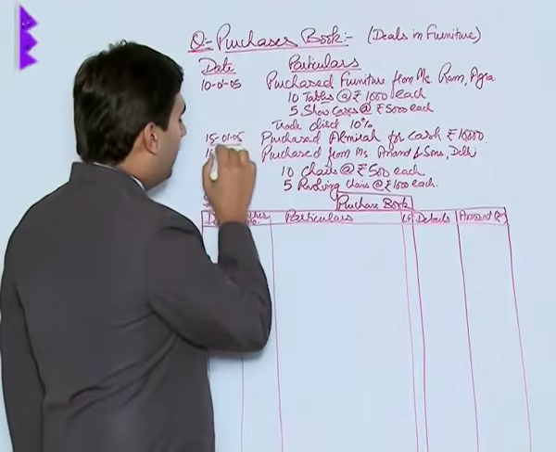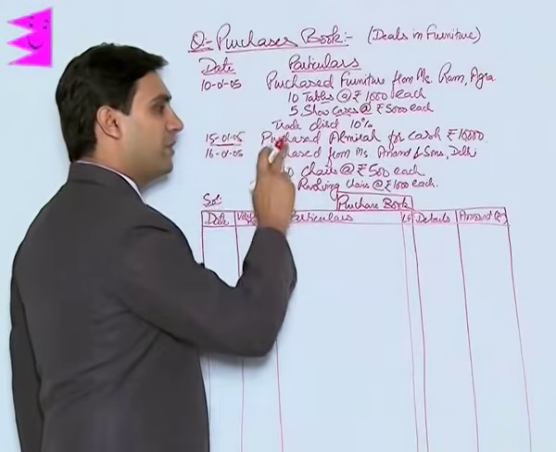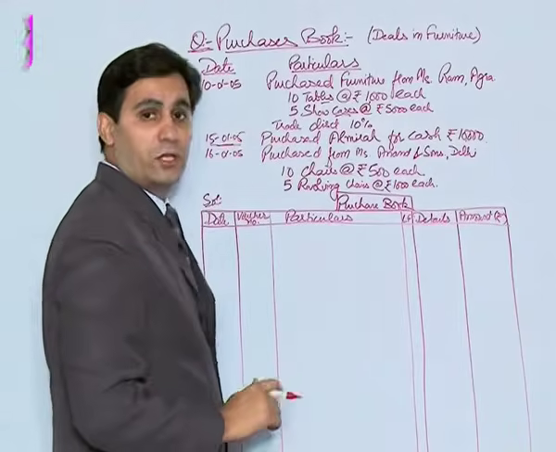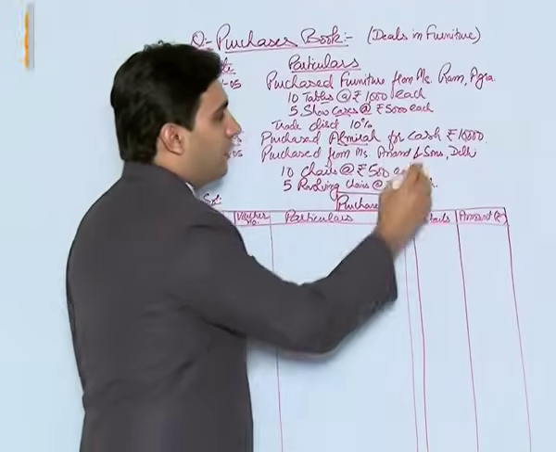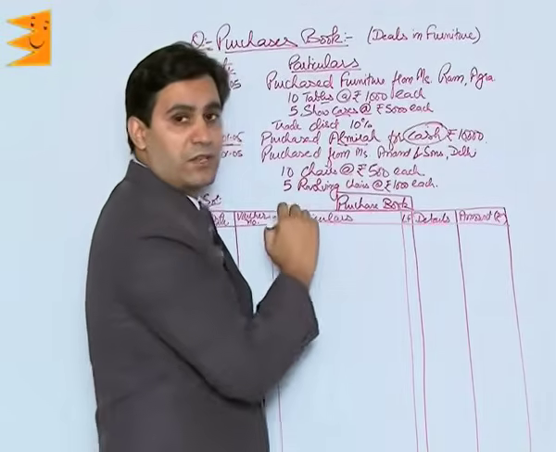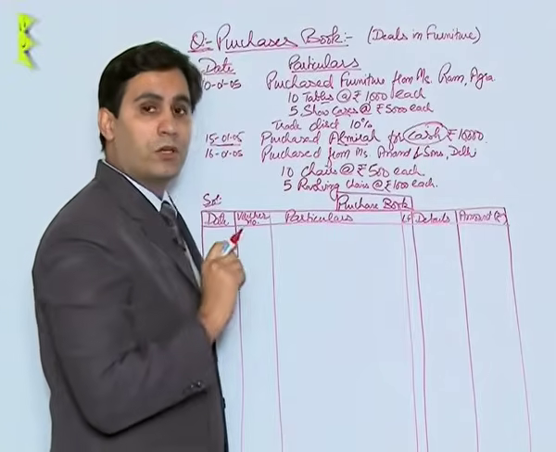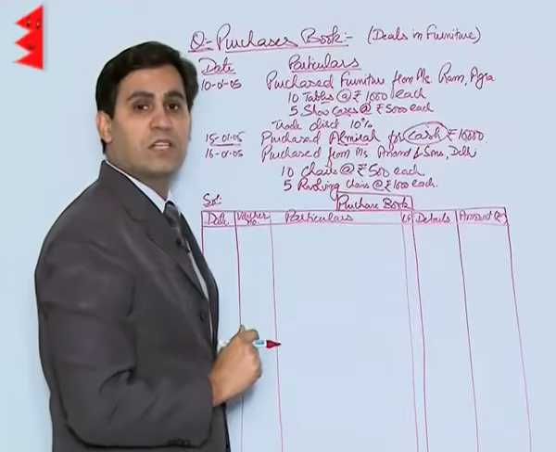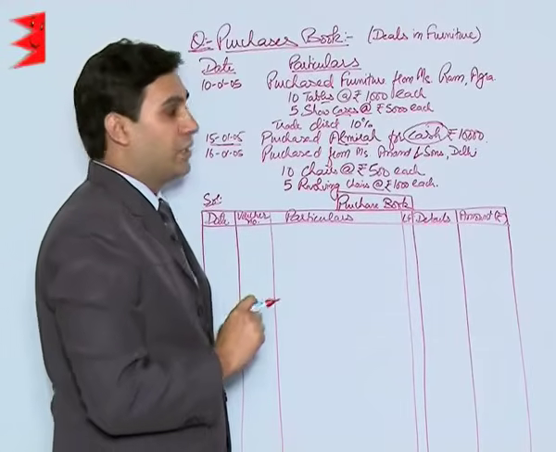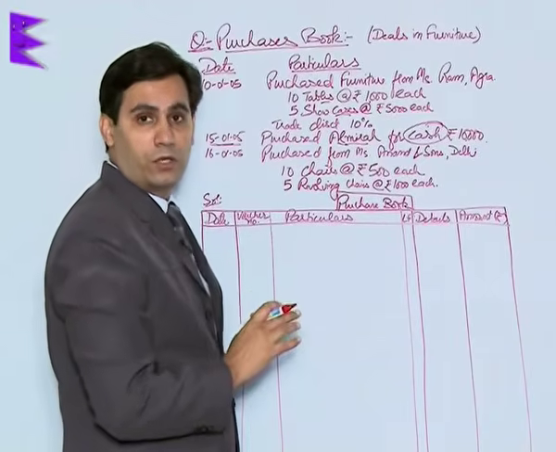Look at entry on date number 15th. It is purchased almirah for cash. Although almirah is a part of furniture, but it has been purchased for cash. Now you must recall that in purchase book only those transactions are recorded which are of credit nature. Cash purchases are not recorded.